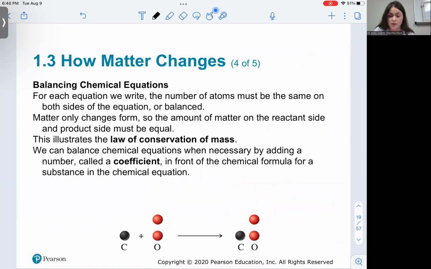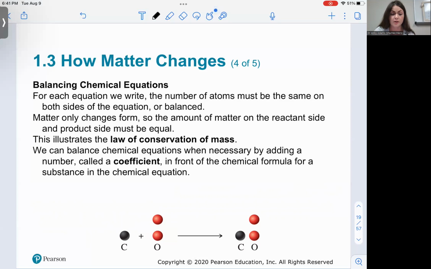It is not created or destroyed. It's not a beginning or an end. It just changes. Therefore, you must have the same number of atoms on one side of the equation that you have on the other. The same number of atoms in the reactants for those specific elements in the products for those elements, right?